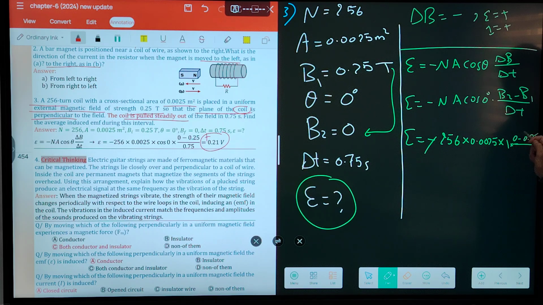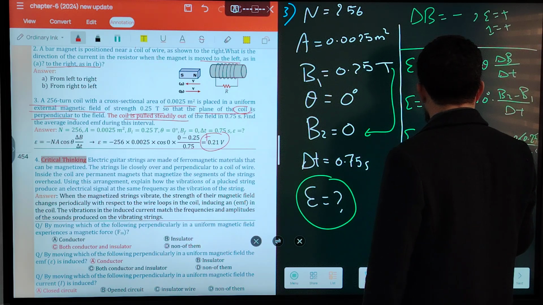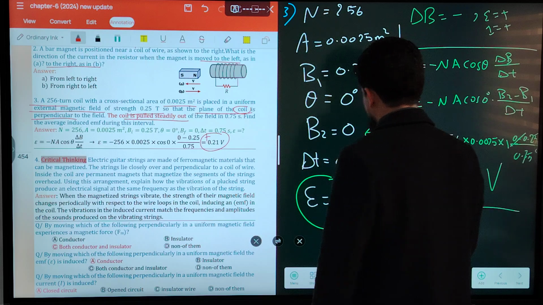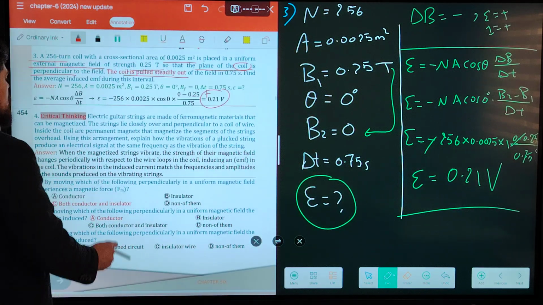Negative with negative cancel, divided by 0.75. EMF is equal to, by calculator, 0.21 volt. In this way, you can solve this question. It's a very easy question and very good question.